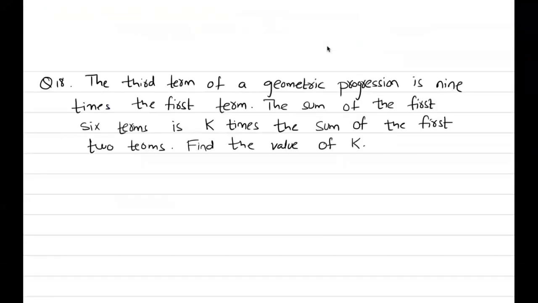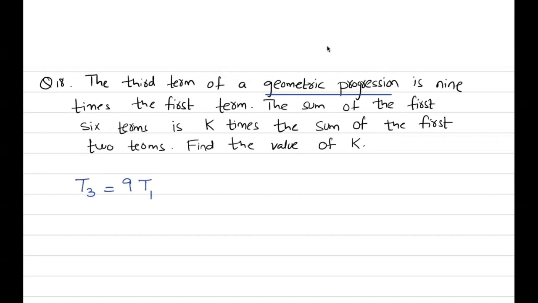Now, this question says that the third term of a geometric progression is 9 times the first term. Can I write it like this? The third term is 9 times the first term. I'm translating this statement into an equation.